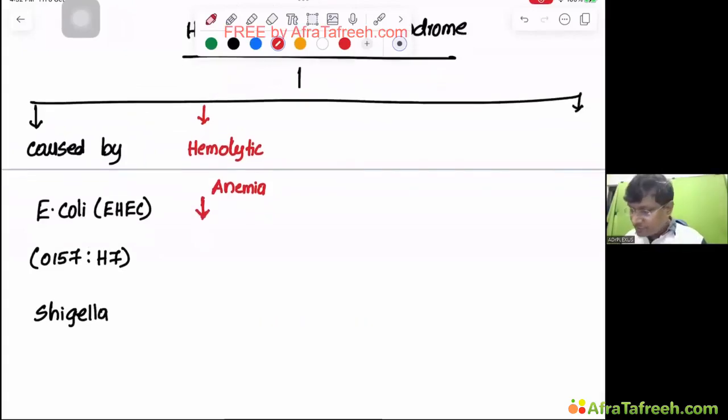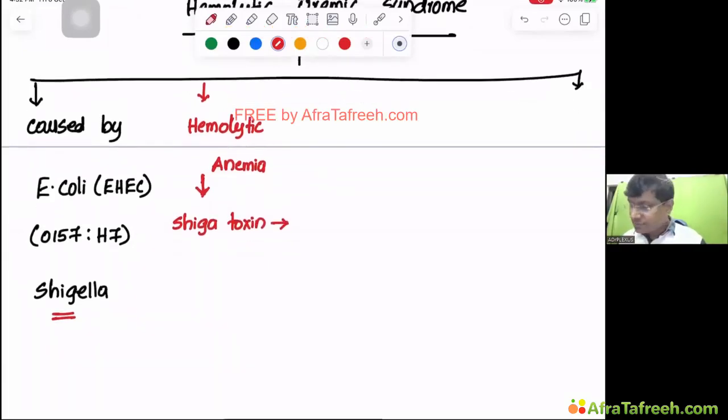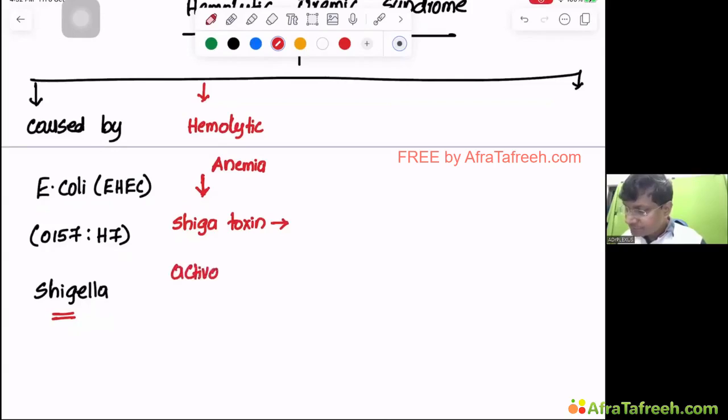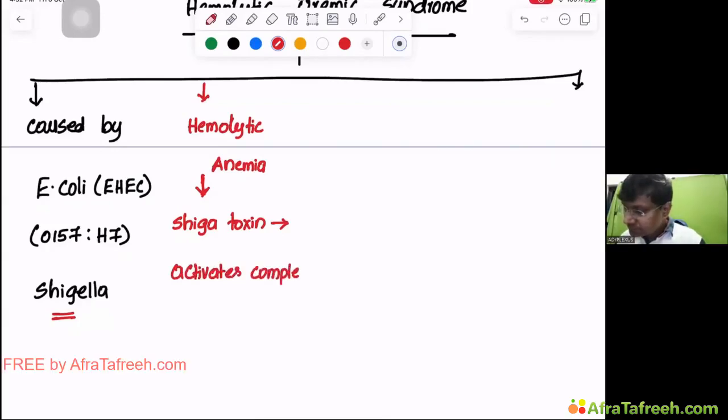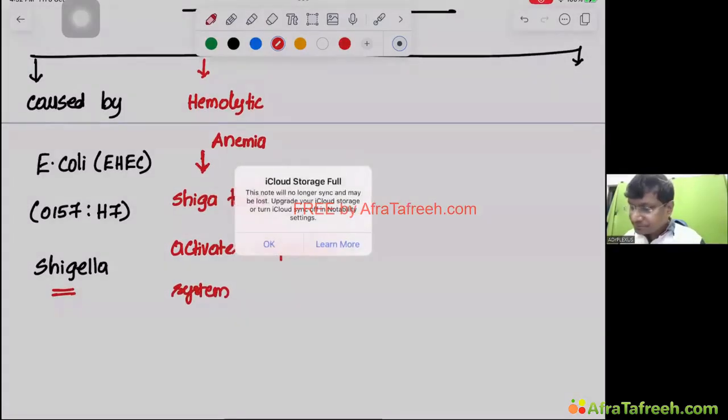Why there is hemolytic anemia is because this Shigella produces a toxin that is called the Shiga toxin. And this particular Shiga toxin activates the complement system. Right? The Shiga toxin activates the complement system.